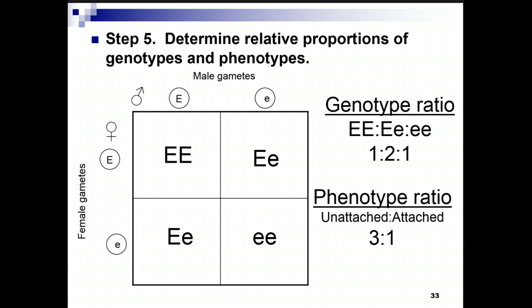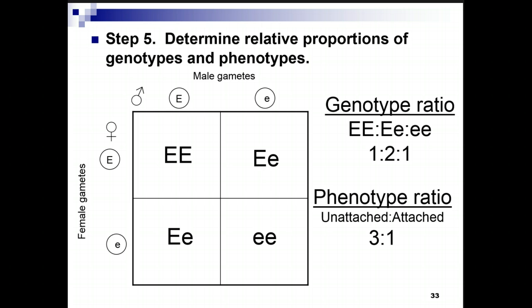So the genotypic ratio in this case is 1 out of 4 with the homozygous dominant given by the 2 capital E's, 2 out of 4 with the heterozygous, meaning 1 dominant and one recessive, given by the capital E and the lowercase e, and one homozygous recessive, given by the two lowercase letters. The genotypic ratio is 1 to 2 to 1, or 1 out of 4 to 2 out of 4 to 1 out of 4.